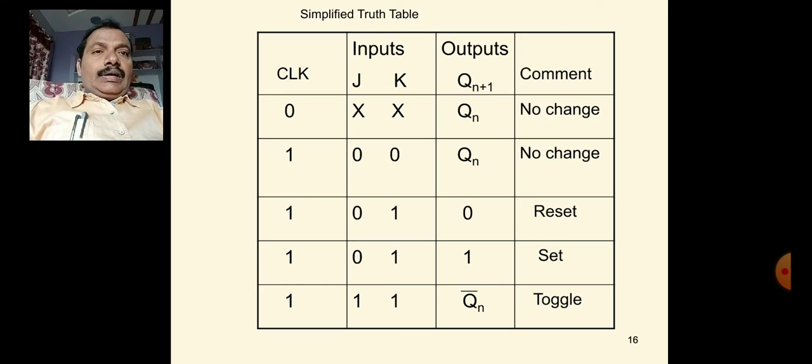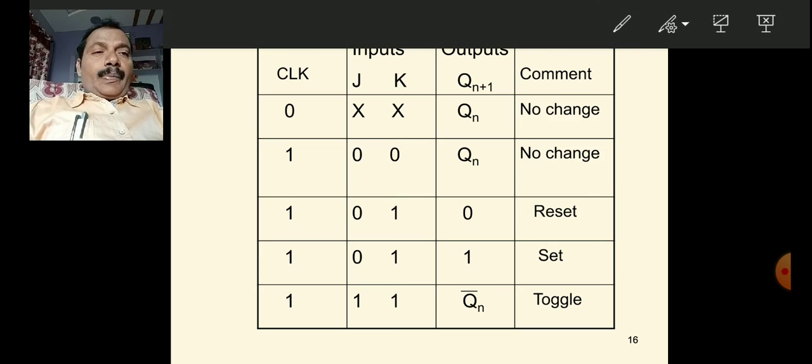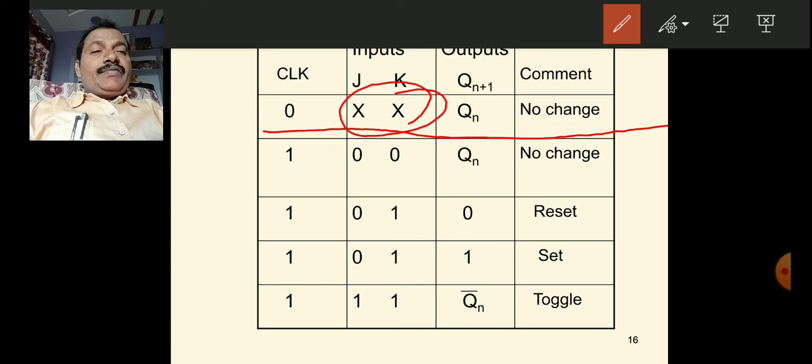So in the simplified truth table I have given this. Whenever clock is 0, it acts as memory, no change. Whatever may be the values of the JK inputs, the output of the flip-flop does not change. It holds the previous value.